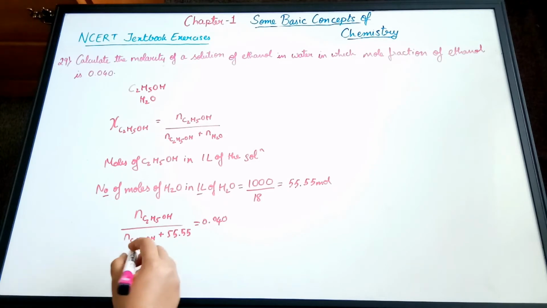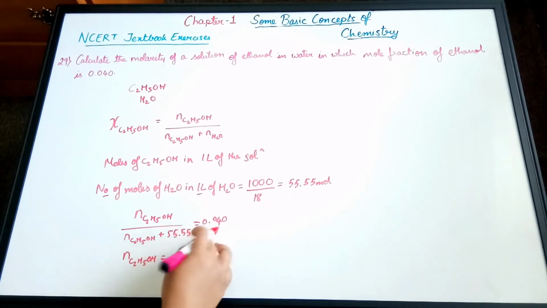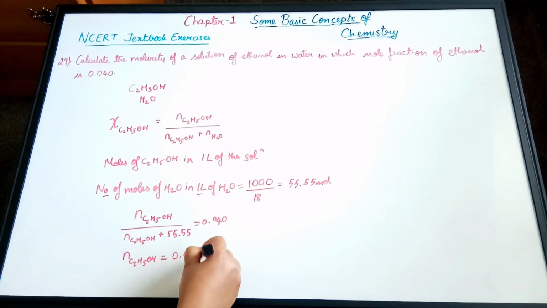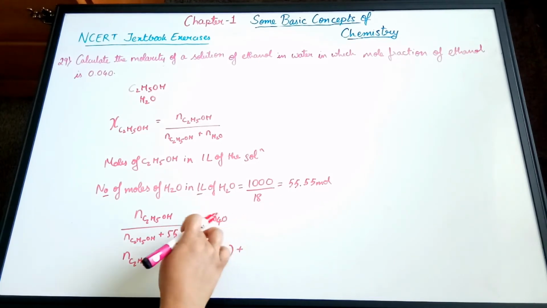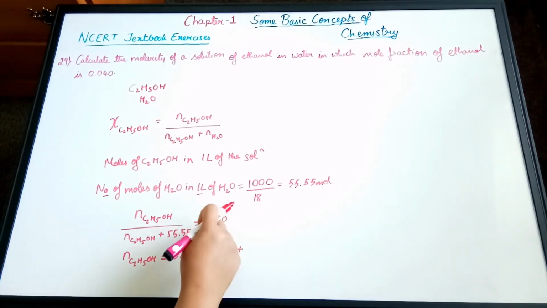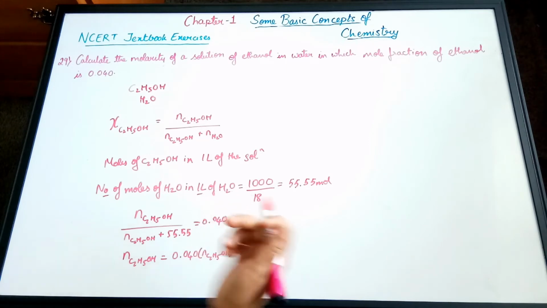So when we multiply, we get N of C2H5OH equals 0.040 of N C2H5OH plus 0.040 times 55.55.